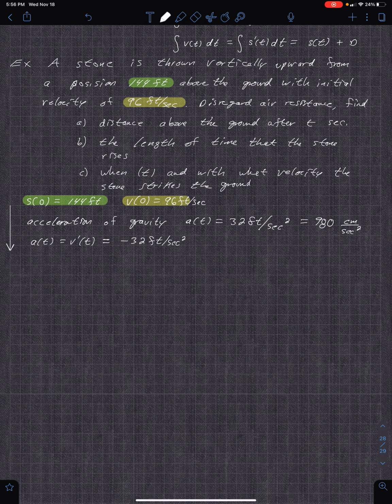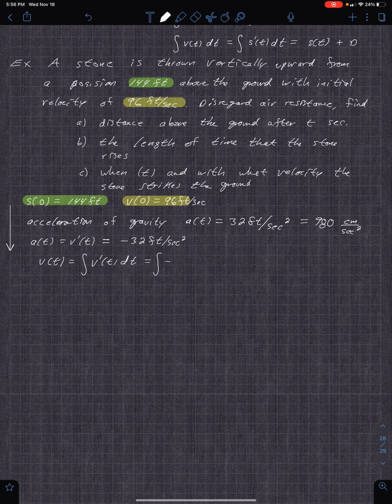So now we integrate to get our position function and use initial conditions, just like above. So V of t is equal to the integral of V prime of t dt, which is acceleration.